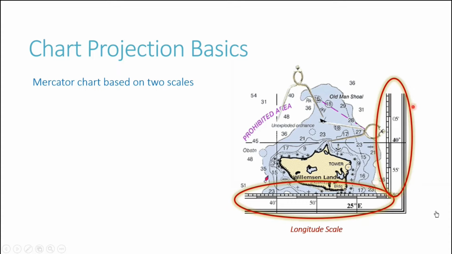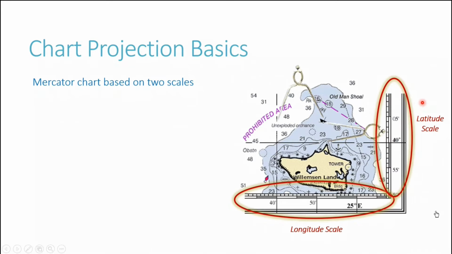Again, it is encircled. So the scale at the bottom, the horizontal one, is known as the longitude scale. The vertical scale on the right side of the chart is known as the latitude scale.